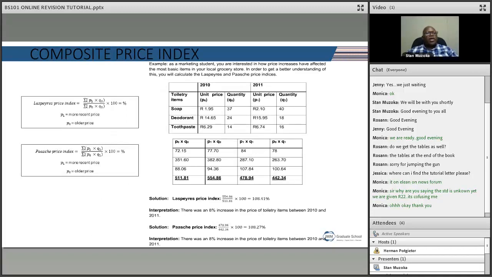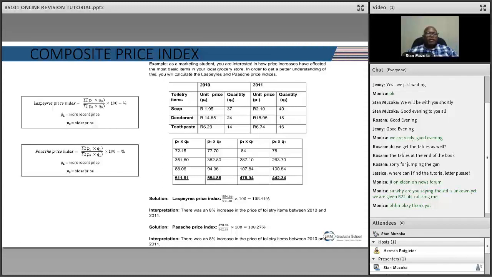And yes, we may not necessarily look at only one commodity. We may be asked to look at a basket of goods, and we calculate the composite price index, either the Laspeyres or the Paasche price index.